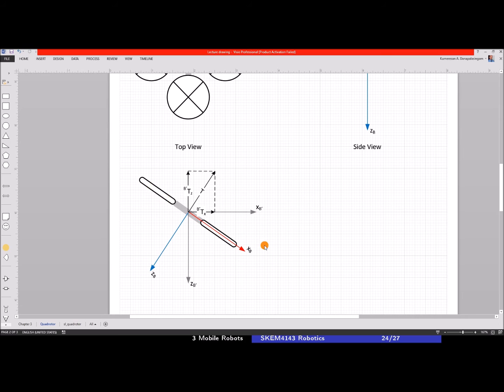So if the quadrotor is tilted while XB is pointing this way, XB prime is always parallel to the ground, but the origin is the same. And ZB is always this way, in the direction of gravity. Okay, XB prime, ZB prime, but ZB is parallel to XB. So that is our new coordinate frame.